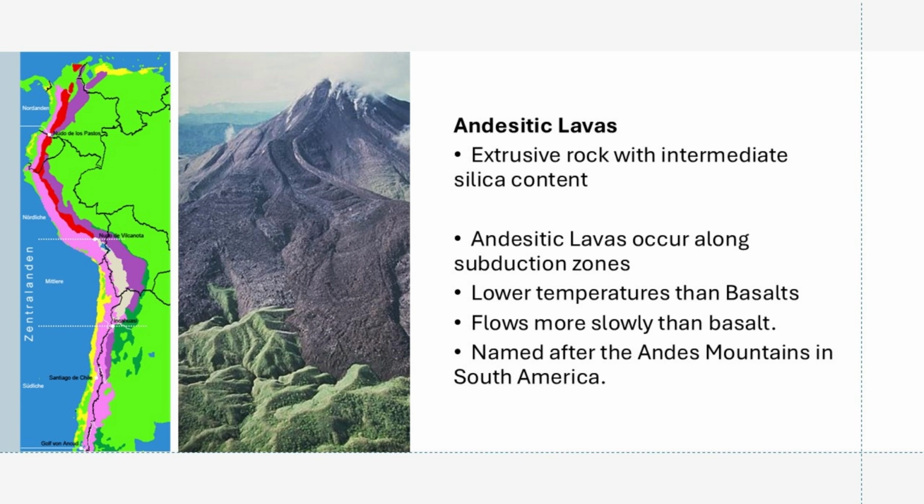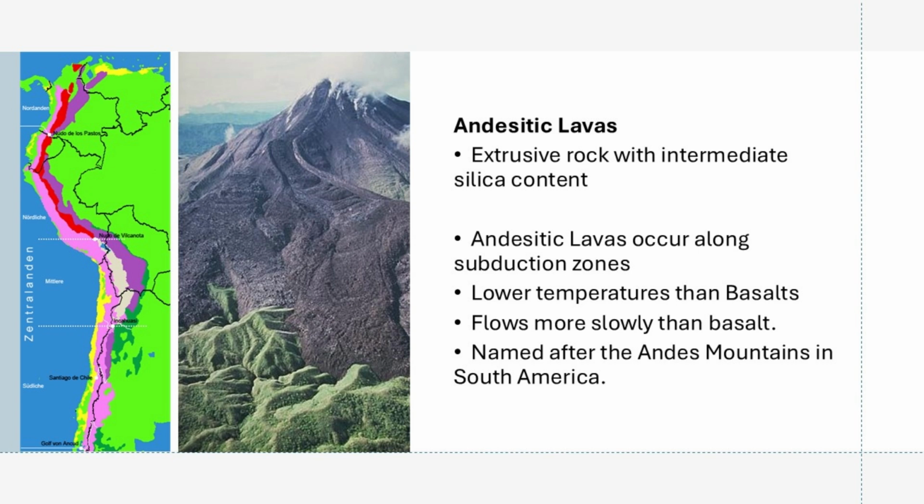So andesitic lavas tend to be more of a gray color in composition. So basalt tends to be dark gray to black. Andesitic rocks tend to look more like a lighter gray. And then, of course, the rhyolite is typically pink to white in color.